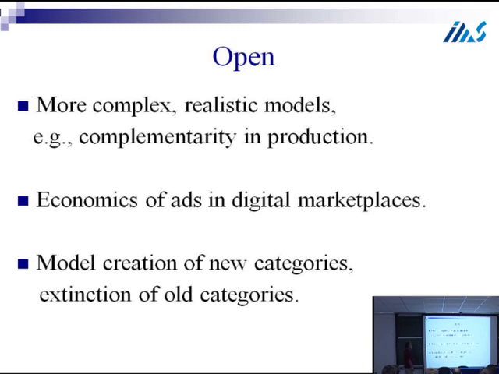So first of all, this is an absolutely simple model, and the reason for that is to just make it work. Make the proofs work down to the last dots and crosses, whatever it takes. But we want to go to more complex and realistic models where we have complementarity in production and perhaps even complementarity in consumption, because maybe when you buy a movie, which movie now my son sees, what is that called?